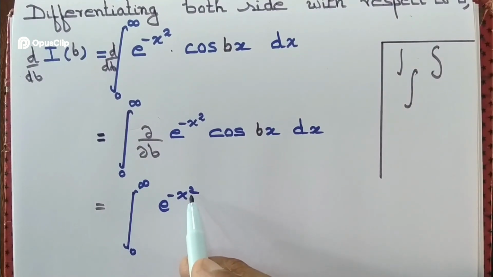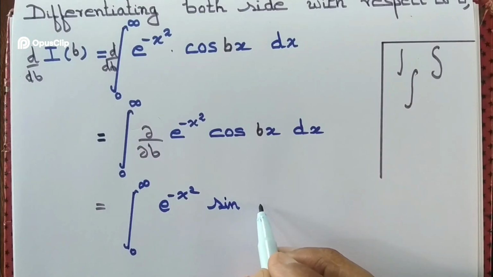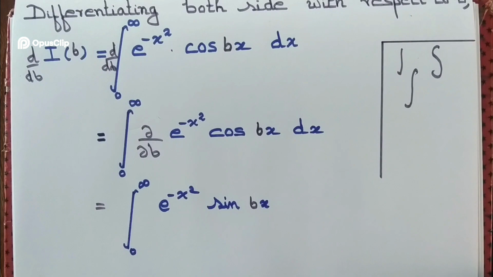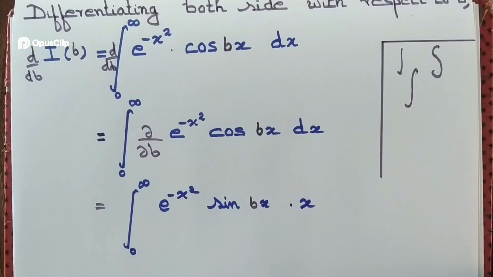So derivative of e to the power minus x square we don't have to worry about. Derivative of cos is sine. So sine of bx, and then we need to differentiate bx with respect to b. You see that derivative of b with respect to b is just 1 and x is just a constant, so we get this expression.